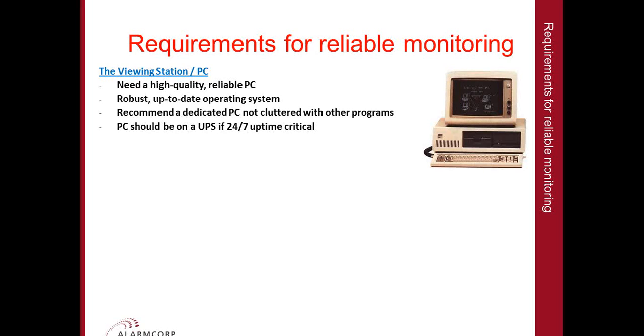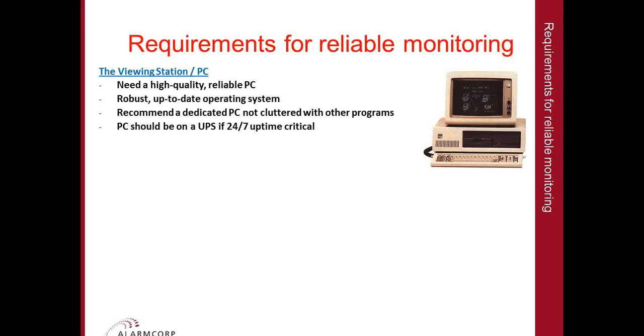It is recommended that we use a dedicated PC that's not cluttered with other programs. The main reason for that is that video viewing is quite processor intensive, and if you have something else running in the background, that can interfere with the decoding of the video.